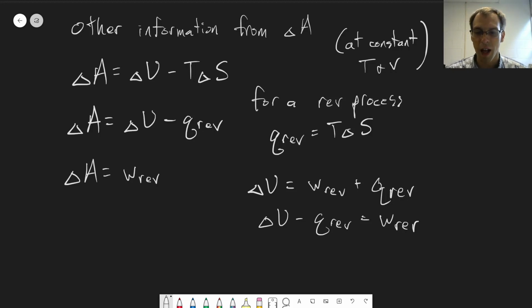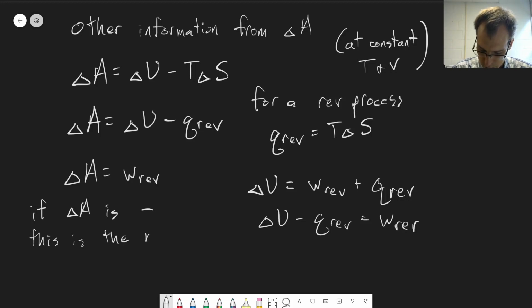So the change in the Helmholtz energy is directly related to the maximum amount of work that can be done by the system. That's if delta A is negative, this is the maximum, right?